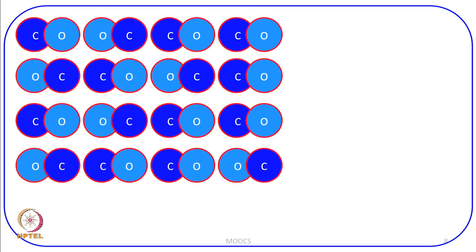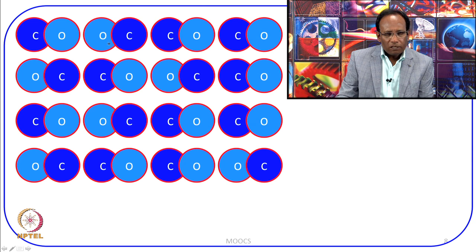Now, if you look at the arrangement here, you have carbon, oxygen, then oxygen and carbon. If instead of CO, the molecule is arranged in the form of OC at absolute 0, then somewhere in this arrangement, instead of CO you have OC.